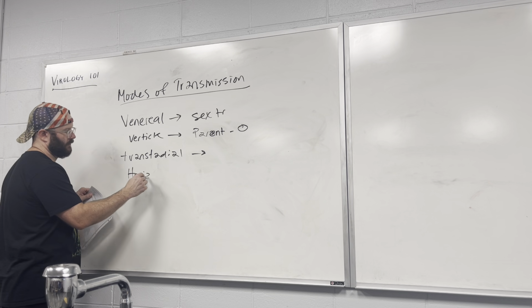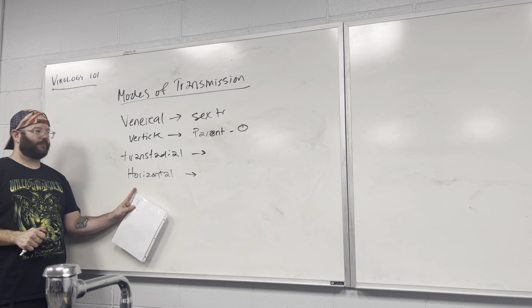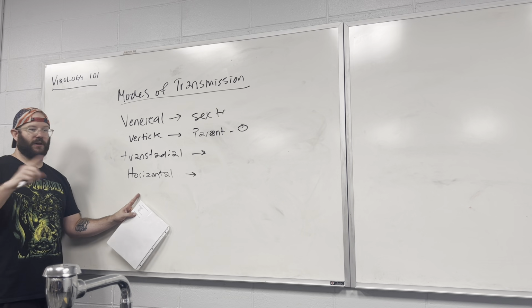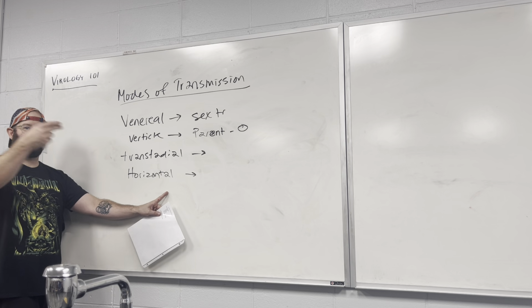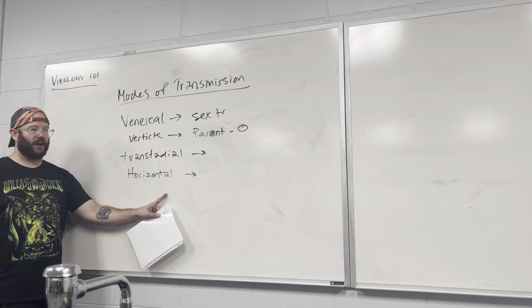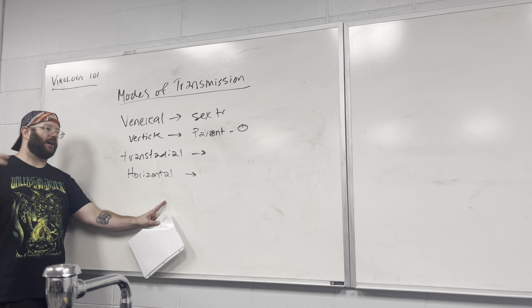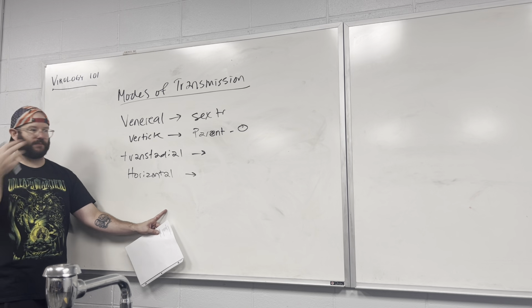Horizontal. What's horizontal? Between other individuals, or potentially different hosts. So horizontal could be you get it from a bird and then the mosquito transmits it to a human. Or individual to individual, like with dengue, a human has dengue, and then a mosquito bites them, picks it up, and transmits it to another human.